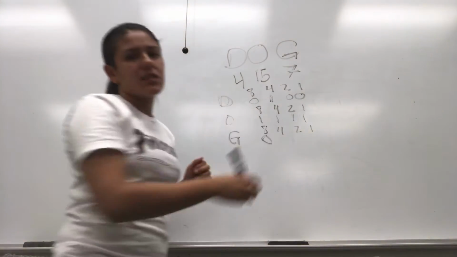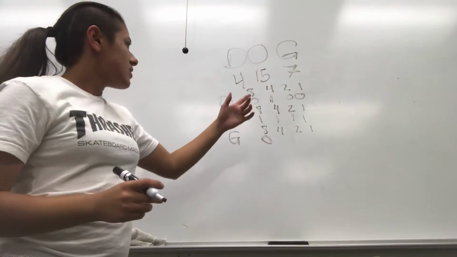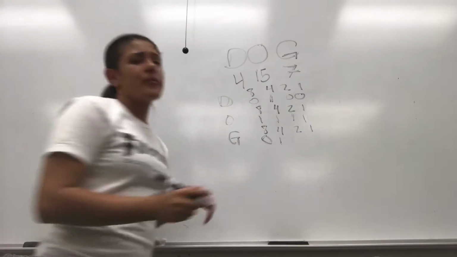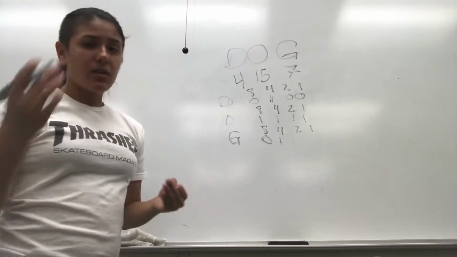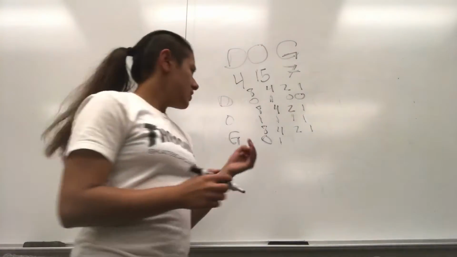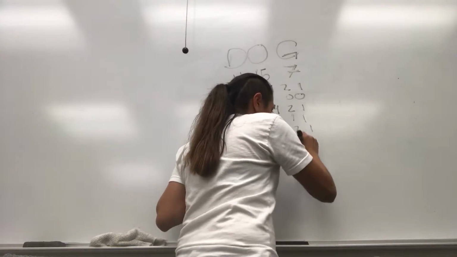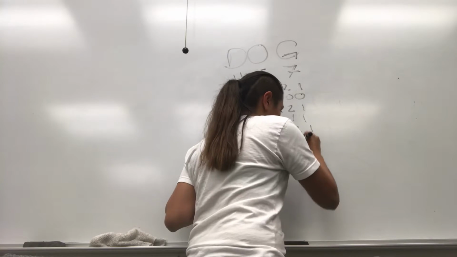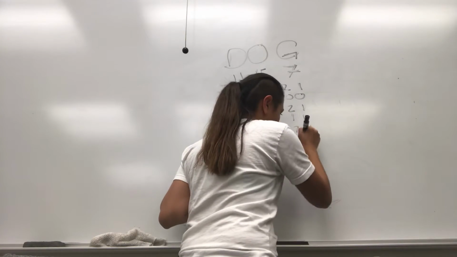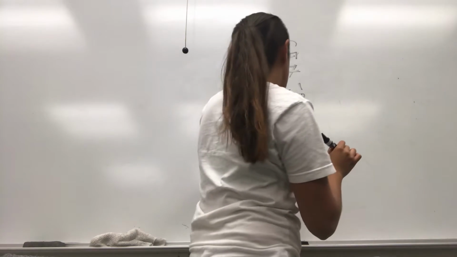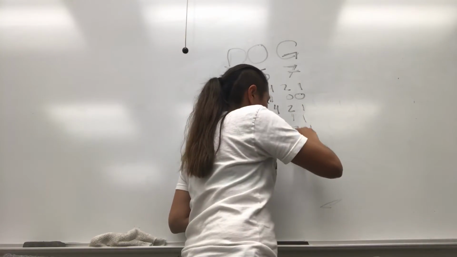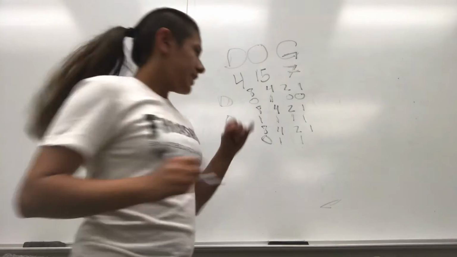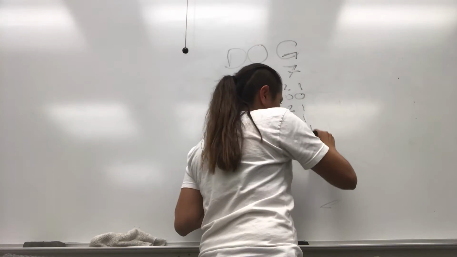And so 4 goes into 7 1 time. 7 minus 4 is 3. So there's the number 3 left. 2 goes into 3 1 time. So 3 minus 2 is 1. There's 1 left, so that means this is 1.